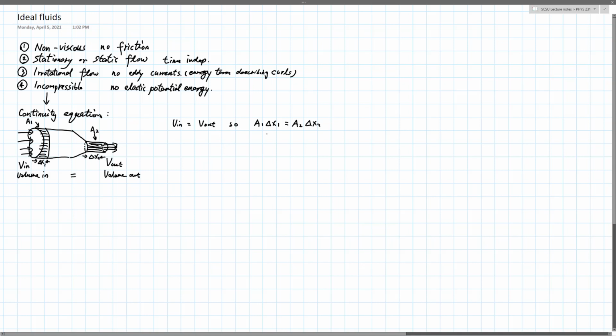The delta x, you can imagine, is water from this back interface flowing for a short period of time until it becomes the front interface. It also indicates this amount of volume, the shaded volume, has flowed through. So delta x1 should be v1 times some small delta t, the amount of time it takes to flow.